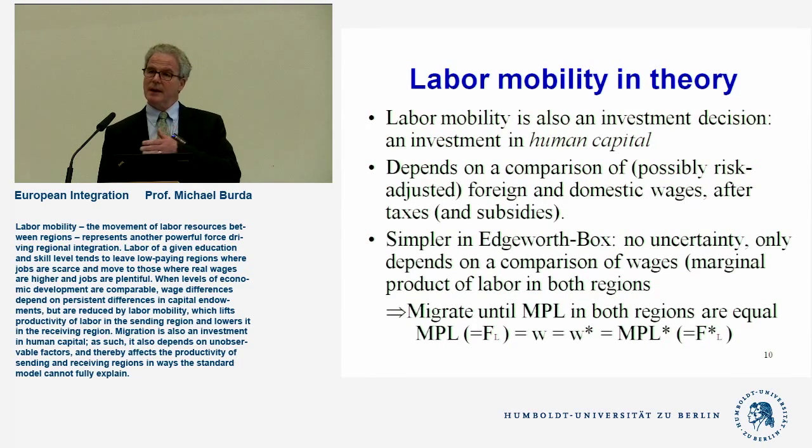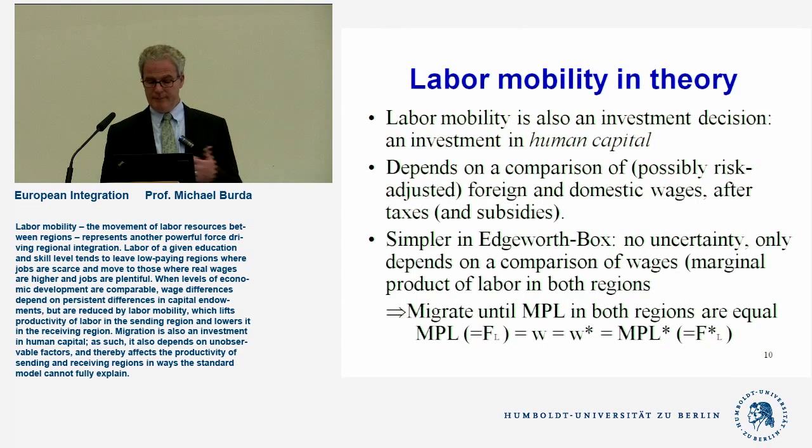So we're going to be using neoclassical microeconomic theory to make a comparison of the marginal product of labor in the home region. We'll call that F sub L, which is the first derivative of the production function, holding capital constant. That's equal to the wage, W. The comparison is W star. What can I earn abroad? What can I earn in the other region?